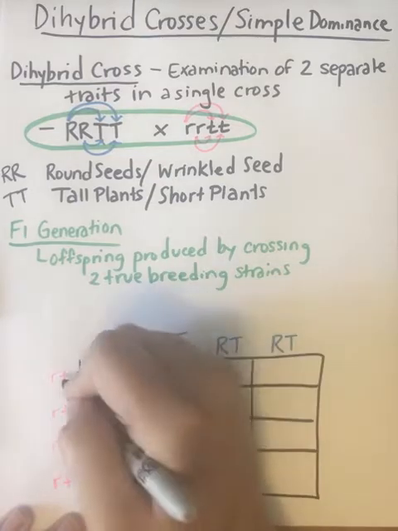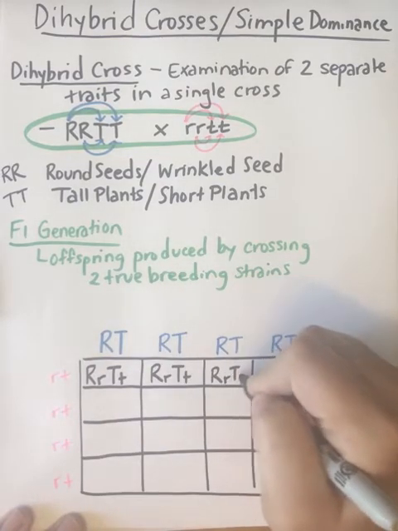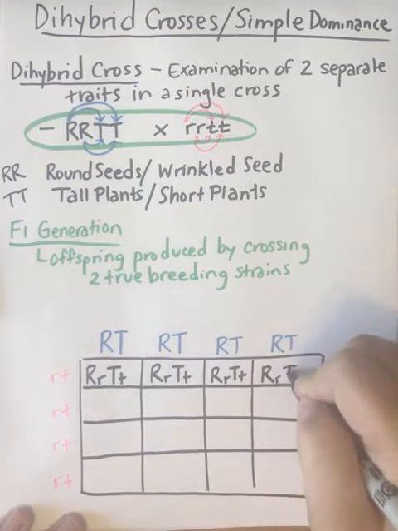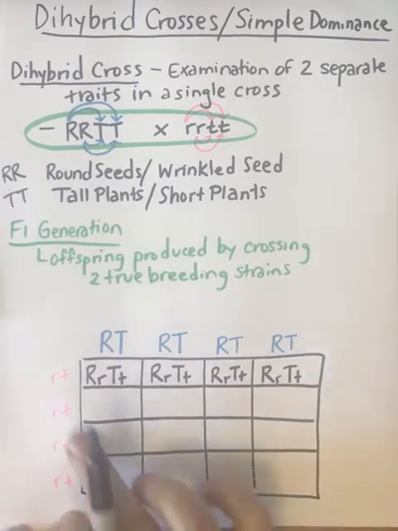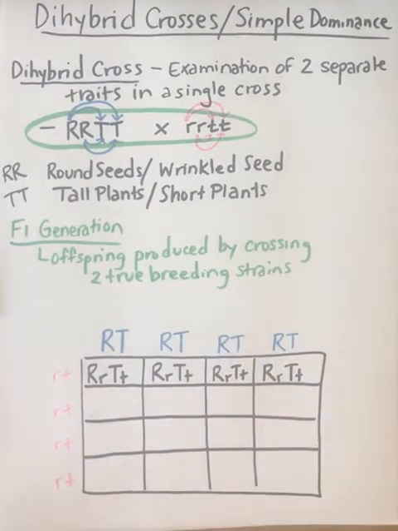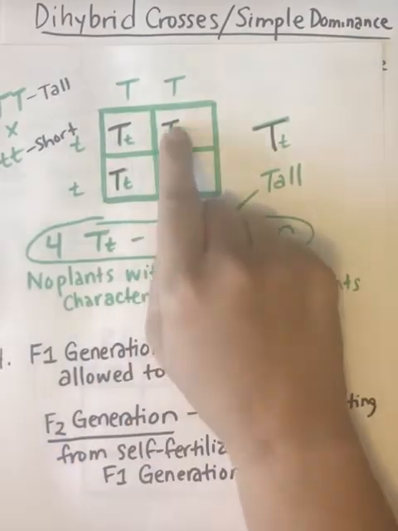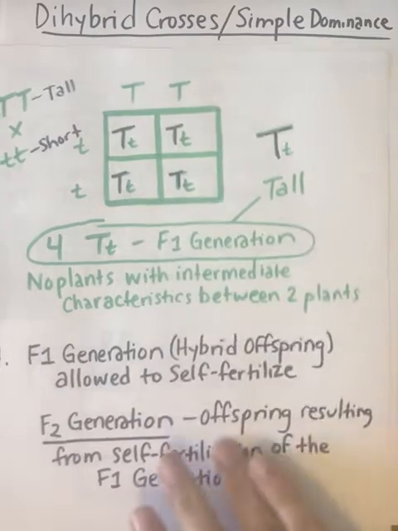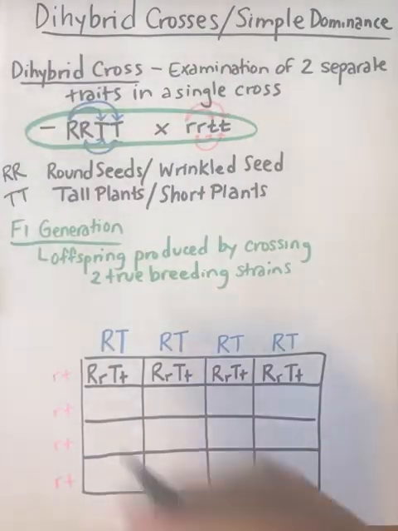Big R, big T, little t. Big R, big T, little t. Now you would do this and these would be the same all the way throughout. So I'm not going to finish this. But when we talked about the F1 generation, all of the offspring ended up having the same genotype. So actually I'm going to fill this in.